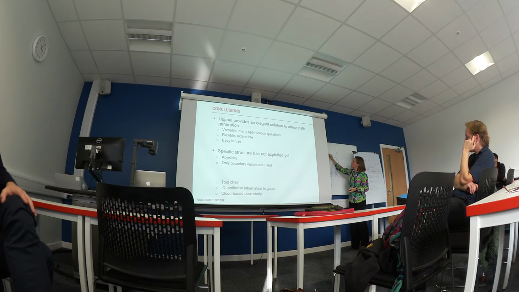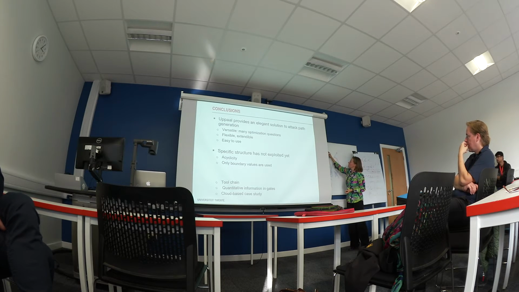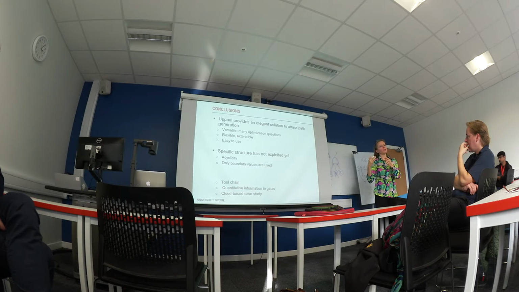Suppose you have an AND gate, and you know, let's say, this happens 5 times per year, and this happens 7 times per year. Then you can actually see if indeed this is the case. Each of those nodes will give you a quantity, and then you can compare per gate whether indeed this was the case.